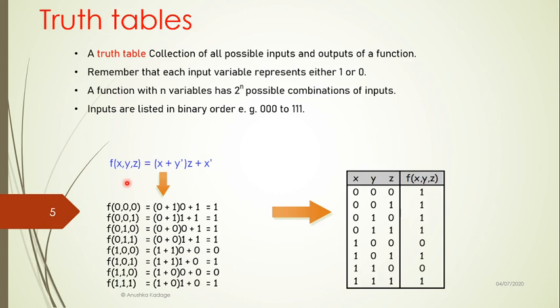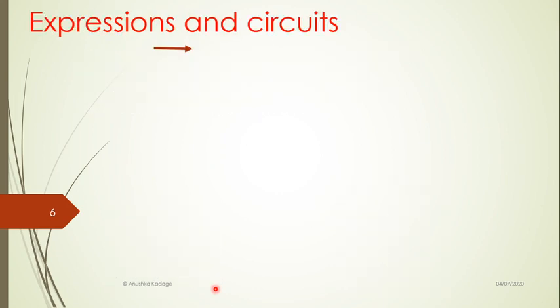So finally, the truth table we will get will consist of these 8 possible input combinations, and corresponding to each input combination, the output variable value that has been calculated, as shown in this particular presentation. Now friends, I think it is very clear to you what is meant by the Boolean expression and the truth table.